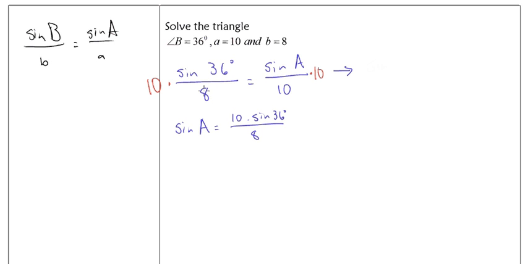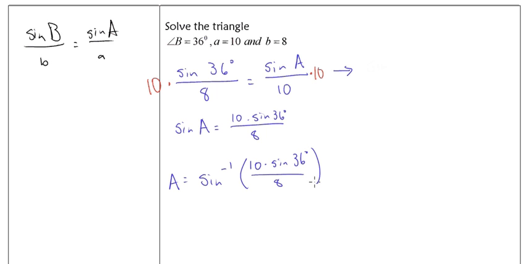Take the inverse sine, and so we're going to end up with A equal to the inverse sine of 10 times the sine of 36 degrees over 8.